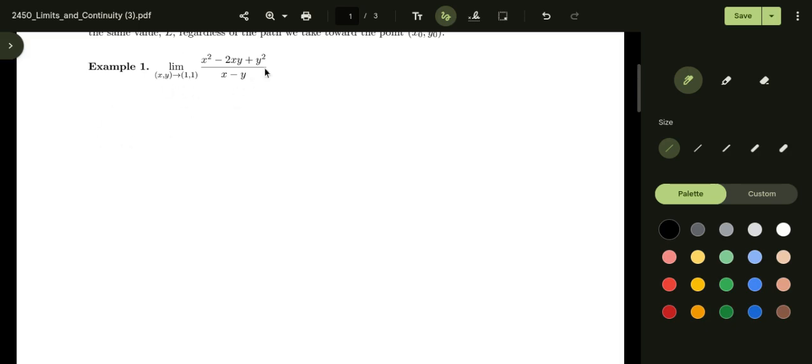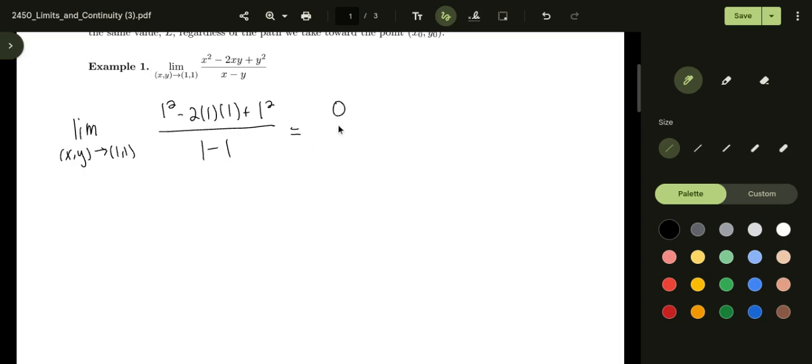So we plug in a 1 for x and a 1 for y. If we evaluate the top and the bottom, the numerator is 1 minus 2 plus 1, so we get 0.